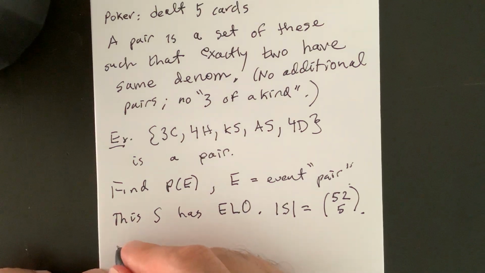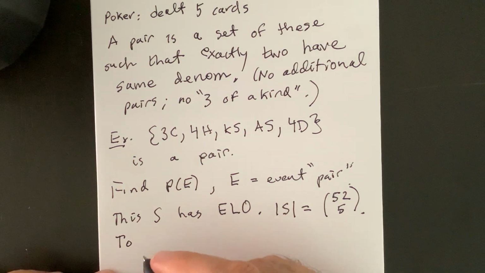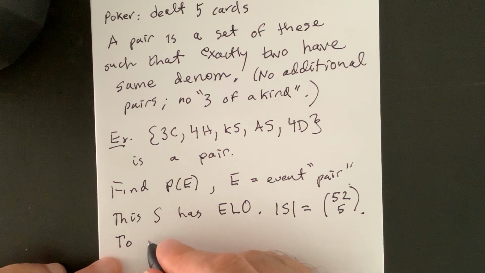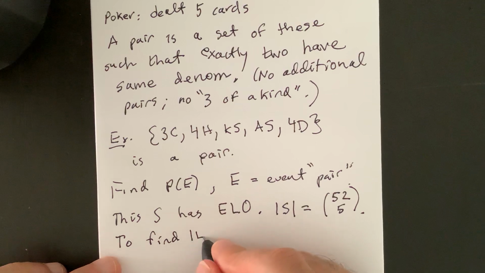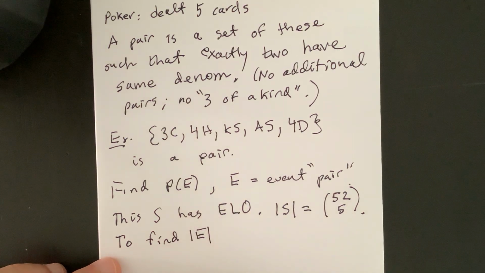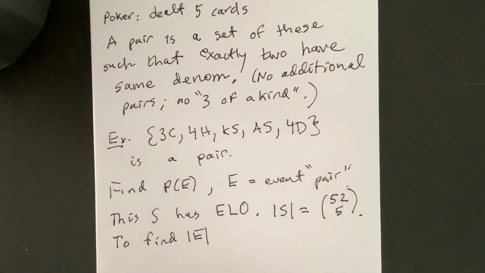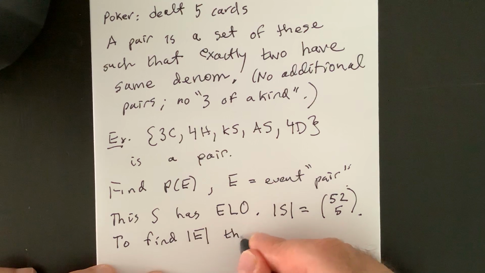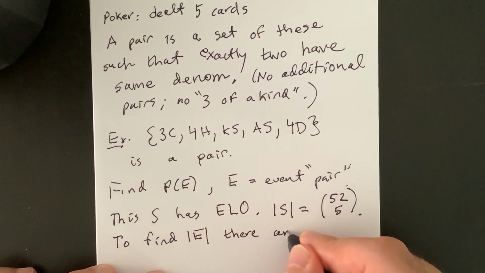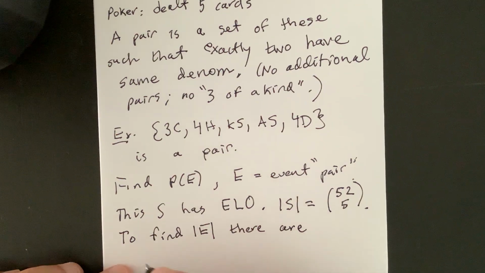So to find, let's write some words here so we calm ourselves down, maybe have a drink or something too. So to compute E, to find E, note, yeah, so there are the 78 pairs. So there are, let's see, 13 choose 1.